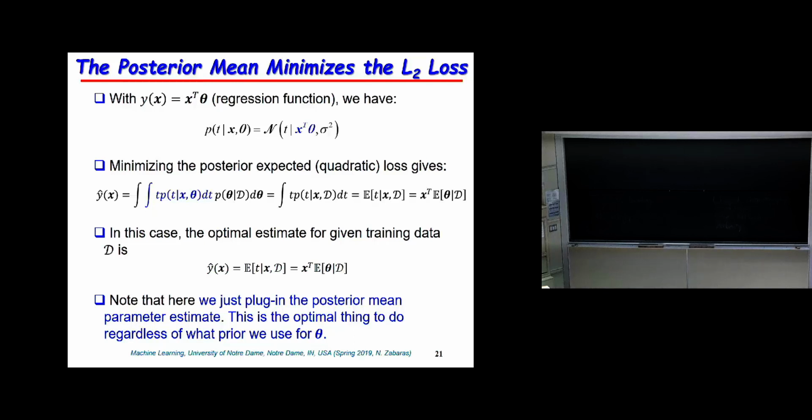And when you average with the posterior of theta, instead of putting theta there, you put the expected value of theta computed from all your training data. This is an amazingly simple result.